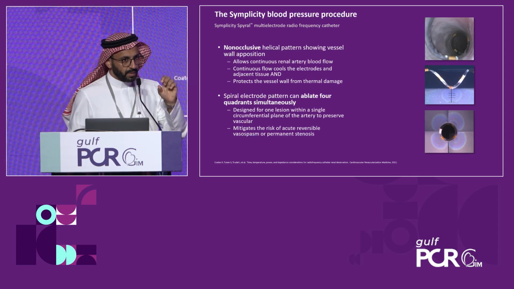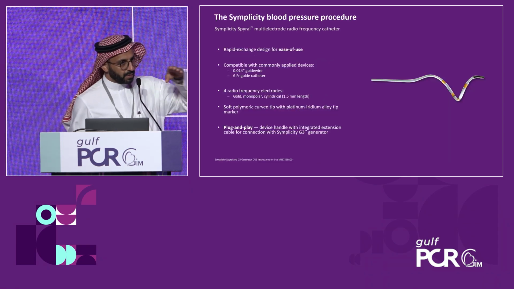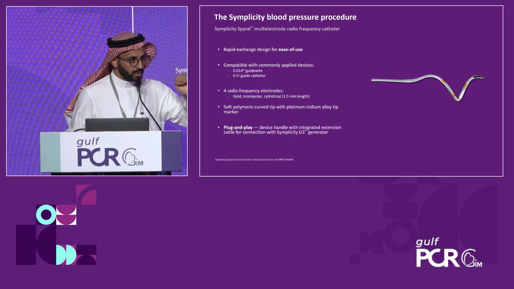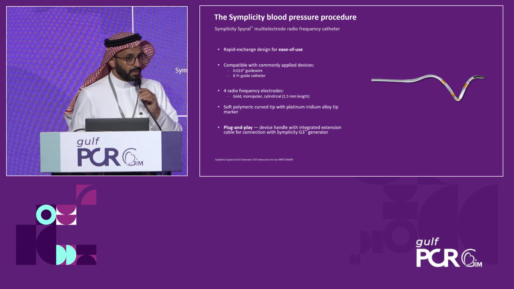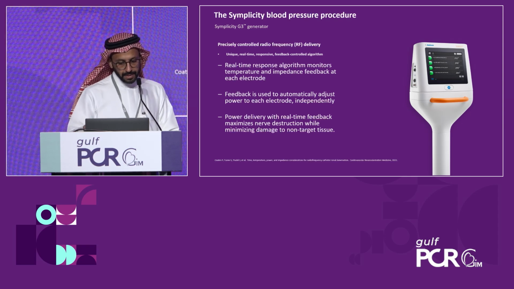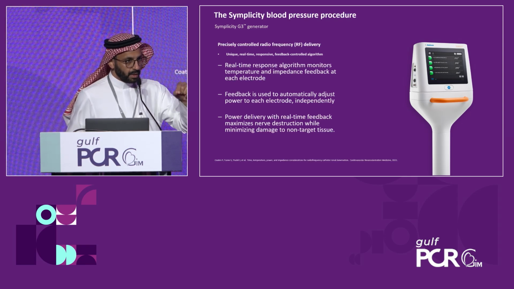Often we see it when the artery gets spastic, the heat goes high, and you can see it on a live monitor on the screen. When the temperature rises to a certain level, it turns off by itself, indicating that maybe there is a spasm, or maybe you're in the wrong place, or maybe you're not attached effectively to the renal arteries. Where it's seen in the 4 dots, sometimes you can repeat it, turning off the dot that was heating excessively.